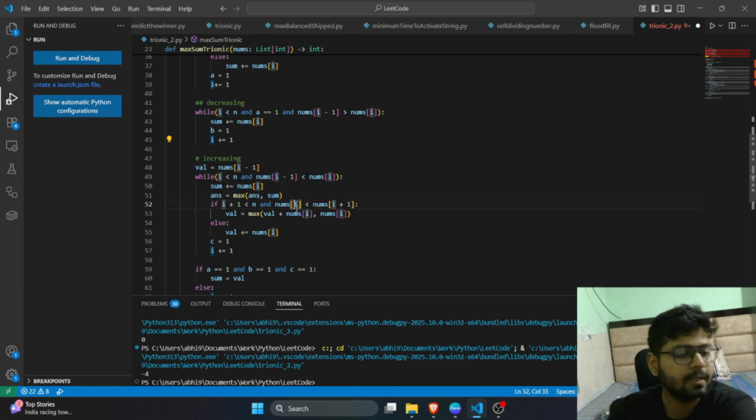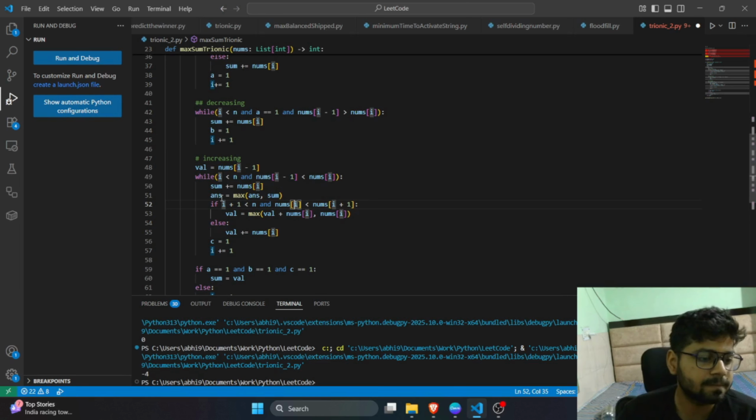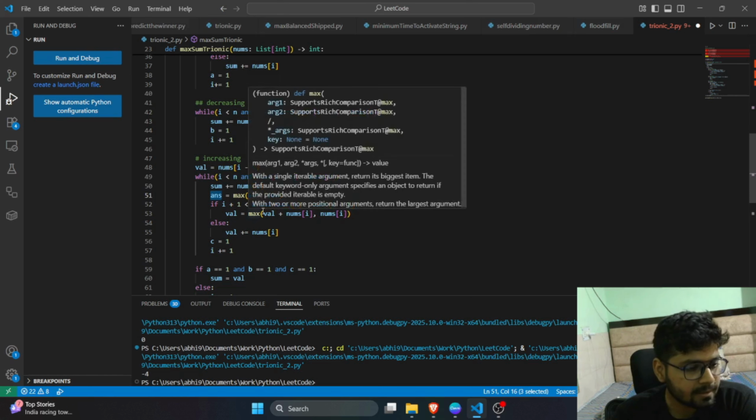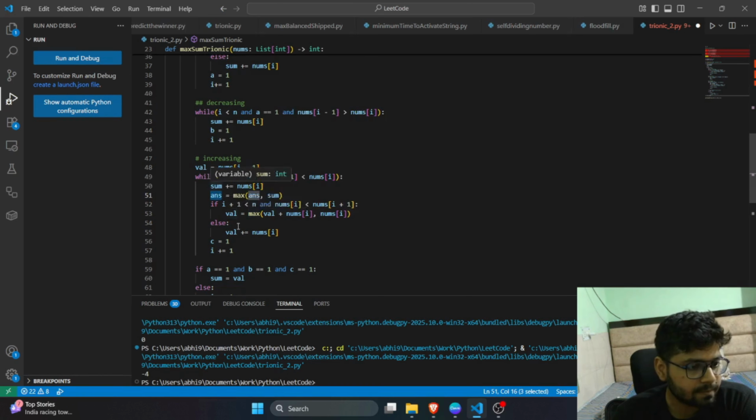Here, what we are doing is, first of all, we are calculating the answer till now. What is the answer of the array?